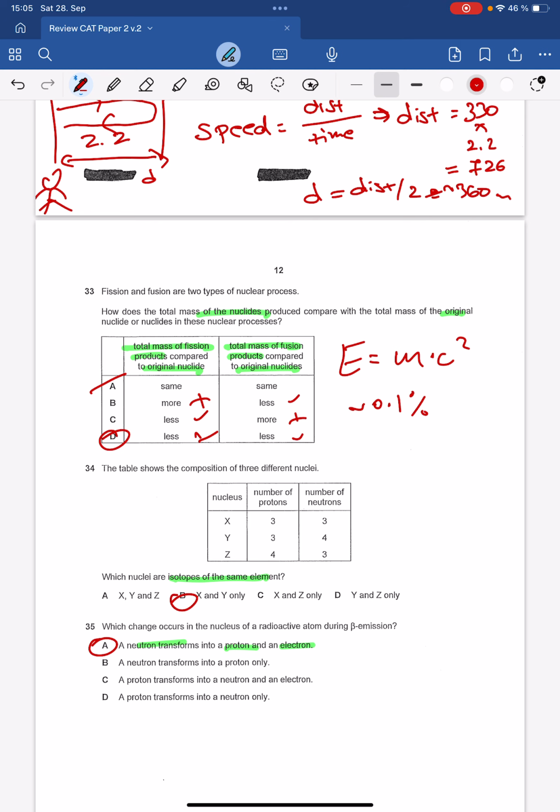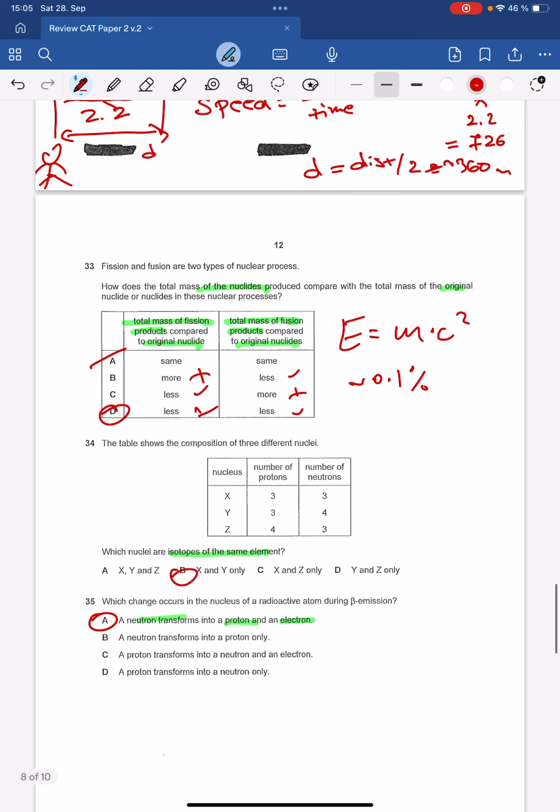And this difference in mass is converted through this equation to the huge amount of energy. So the correct answer is less for fusion and less for fission. So D is the correct answer.